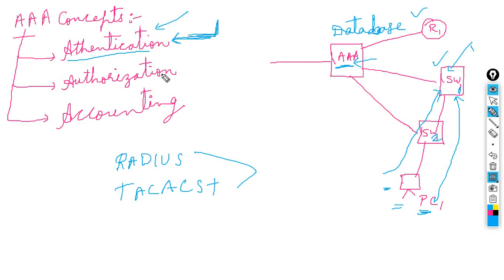Authorization is nothing but determining what the user is allowed to do. Here, authorization means you are authorized to do something. For example, you are authorized to do the global configuration, you are authorized to delete the configuration. So authorization is determining what the user is allowed to do. Restricting the access of the user or device is called authorization.